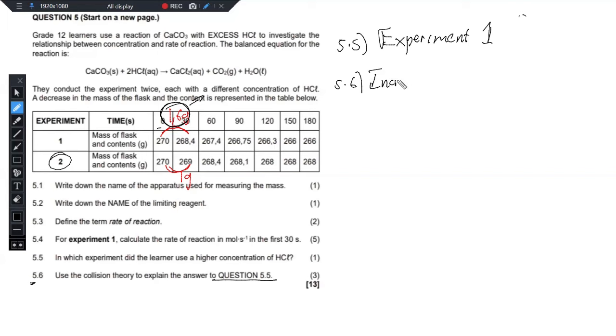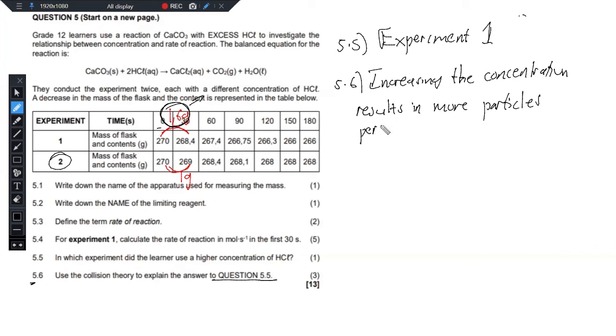Increasing the concentration, or a higher concentration, results in more particles per unit volume.